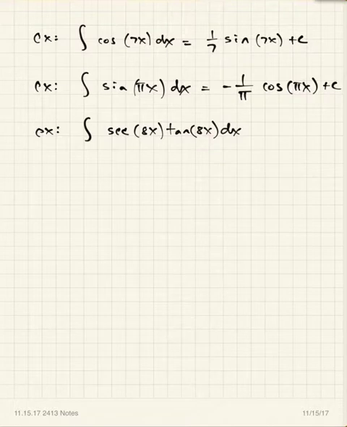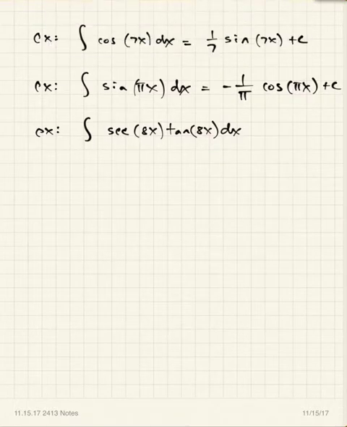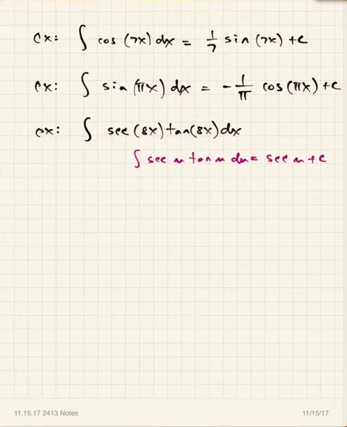Remember, we know that the antiderivative for secant tangent is secant. We wrote this down. If we turn it around, it's a derivative form. We know that the derivative of secant is secant tangent, so we know that the antiderivative of secant tangent is secant. And all you have here is a constant multiple of x.